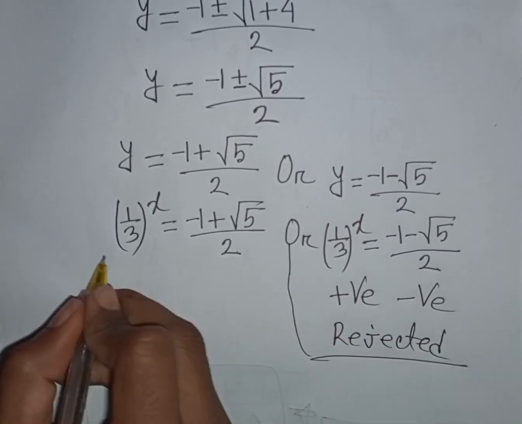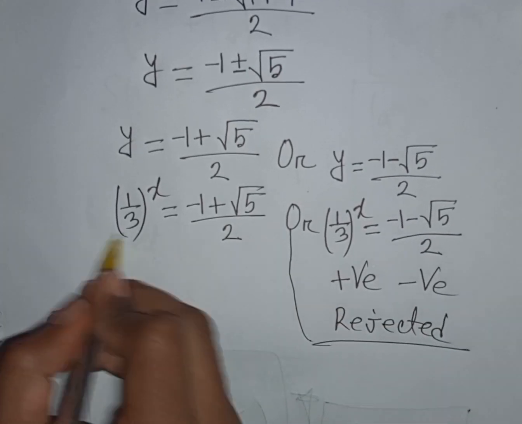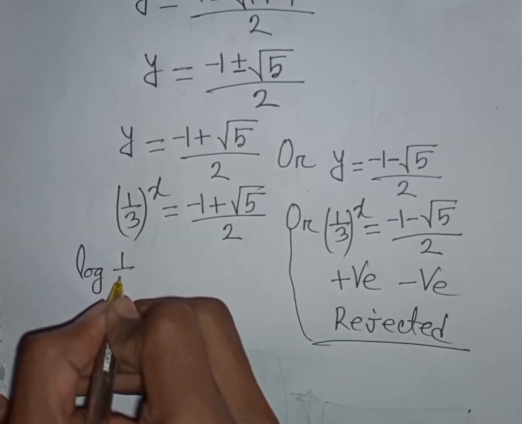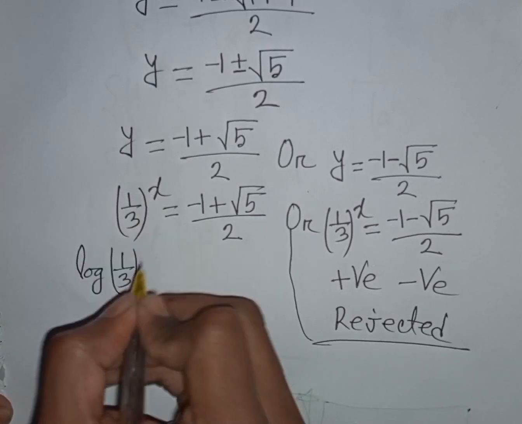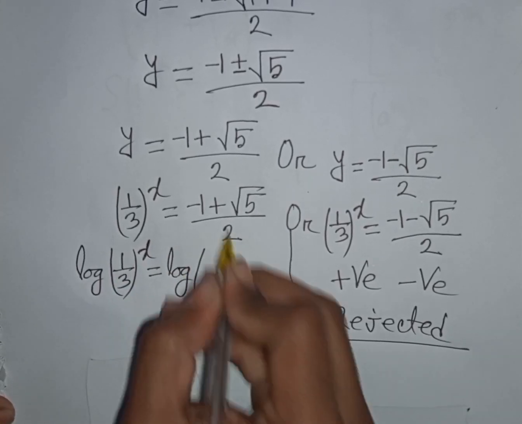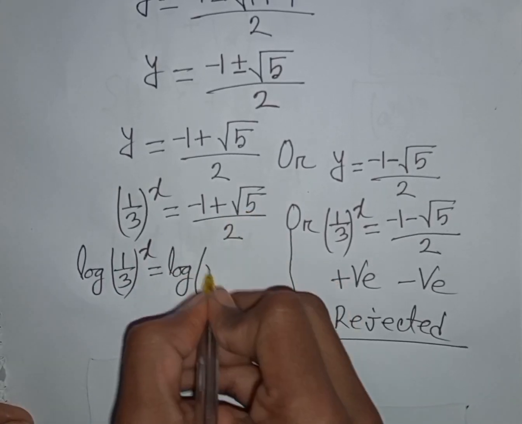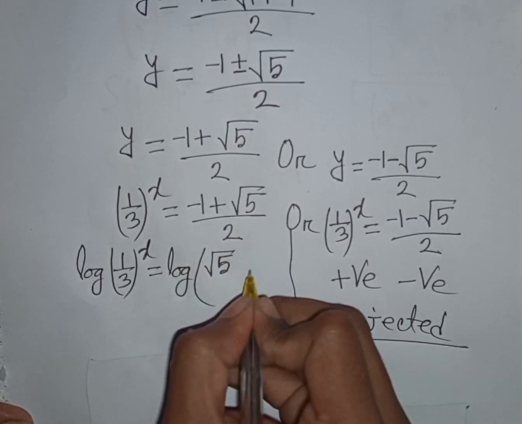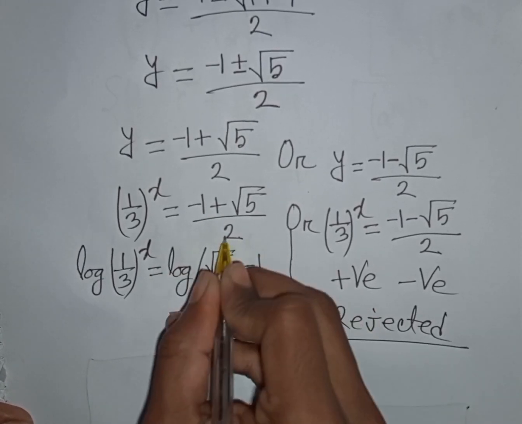Now from here we apply log on both sides. So you can write log of (1 by 3)^x is equal to log of (square root of 5 minus 1) divided by 2.